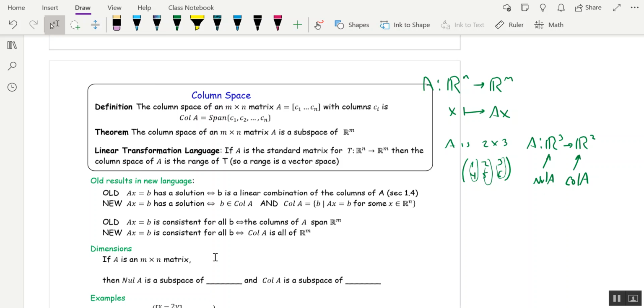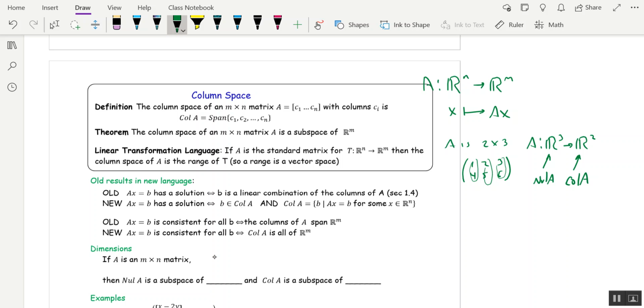One old result we have from way back in chapter 1 was that Ax equals b has a solution if and only if b is a linear combination of the columns of A. Another way to say that is Ax equals b has a solution if and only if b is in col A, because col A is the set of linear combinations of the columns of A. So it's a quicker way of saying that. In addition, col A is the set of all b such that Ax equals b for some x in Rn.